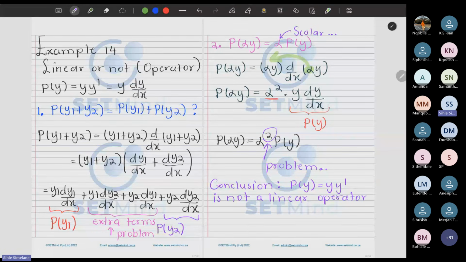So that is how you should explain these problems. Guys, you do those two tests and then you will be done with proving whether it is linear or not linear. Do we have any questions, guys? Do you understand? If you do, give me a thumbs up.